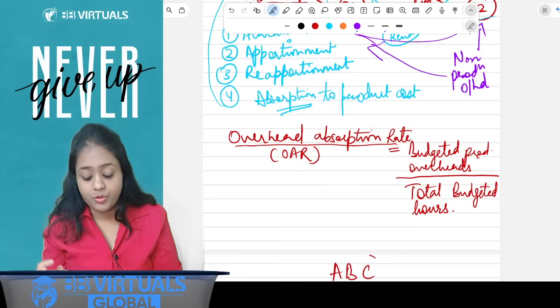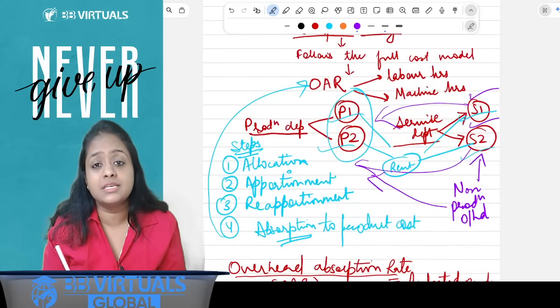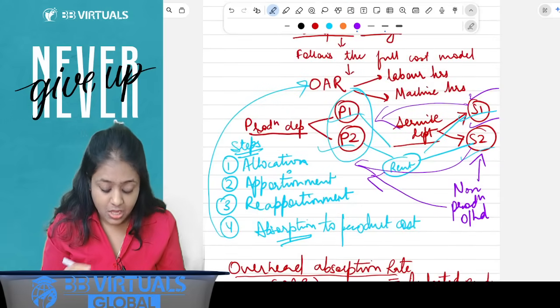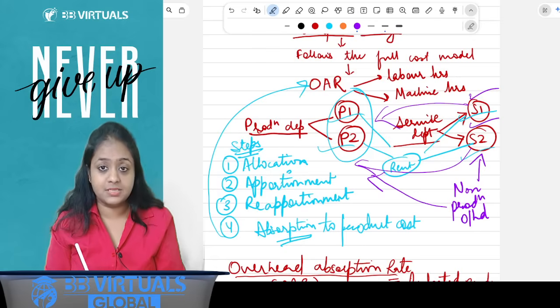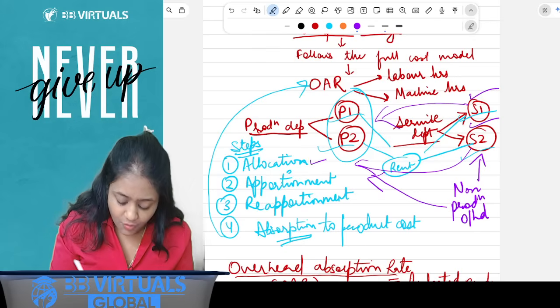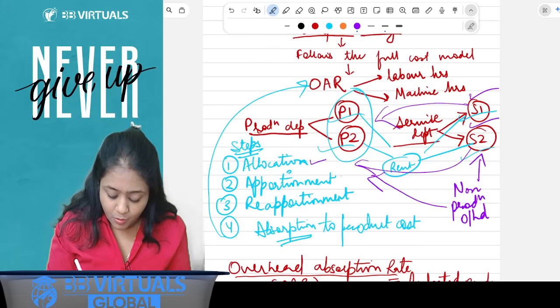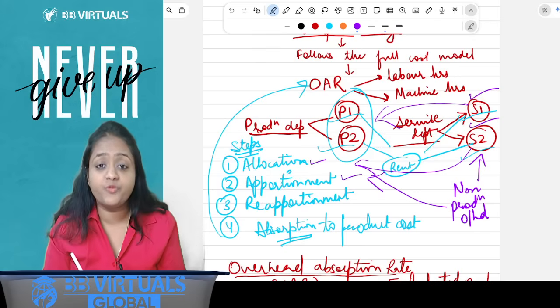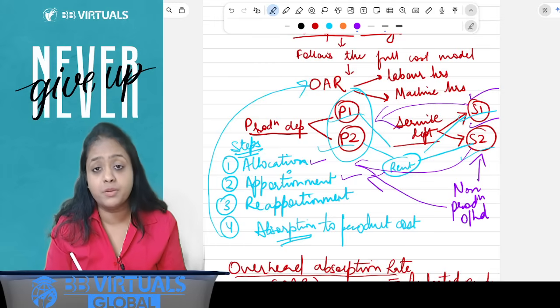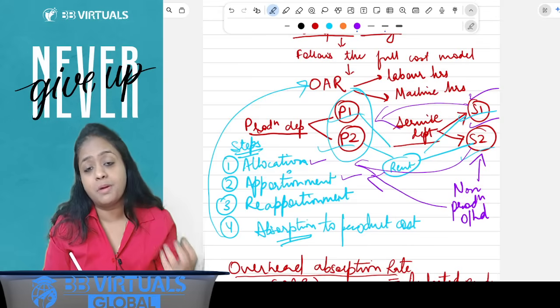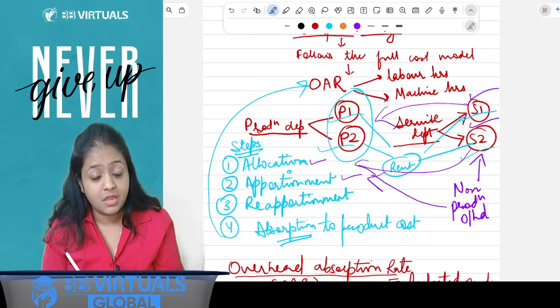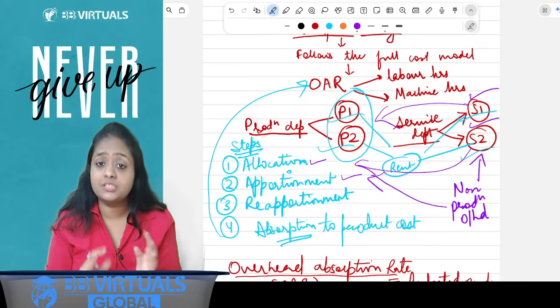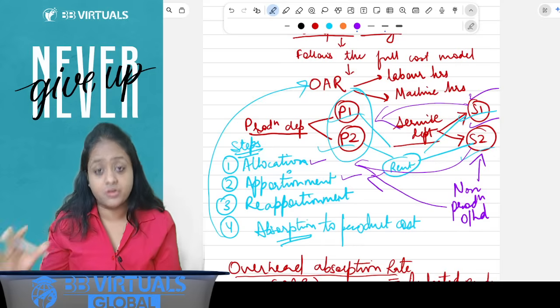Now when we move to ABC costing, it says this method is not acceptable. So it follows these four processes. First is allocation of the overhead cost, reapportionment of the overhead costs to different production departments or different departments, which can be service departments as well as production departments, and we only allocate production department overheads to the product cost.